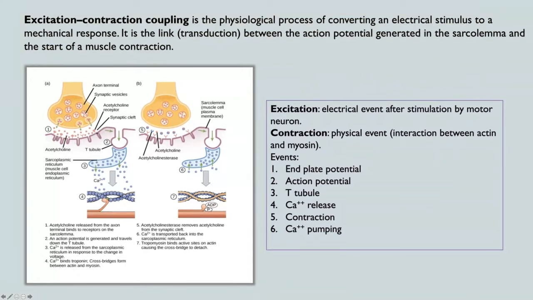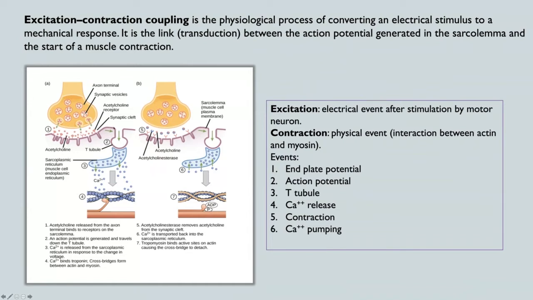These are ligand-gated sodium channels that will let sodium in, producing a depolarization of this region here. This depolarization is going to travel in the form of an action potential using voltage-gated sodium and potassium channels to the T-tubules, which are simply invaginations of the membrane, like extensions of the membrane into the cytoplasm of the muscle cell.